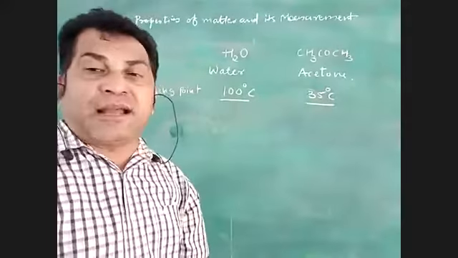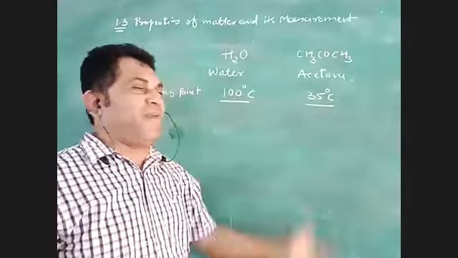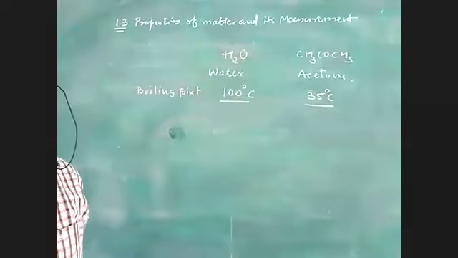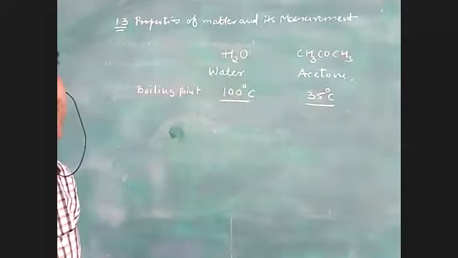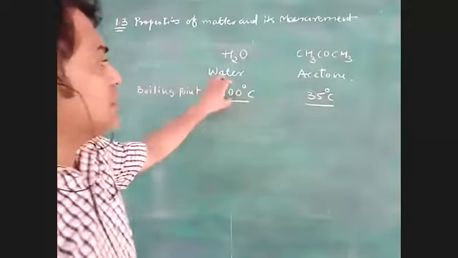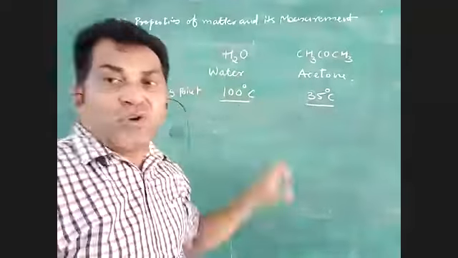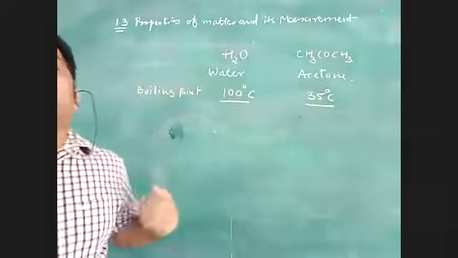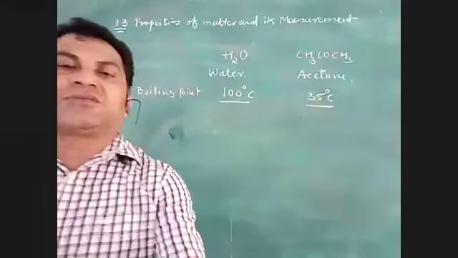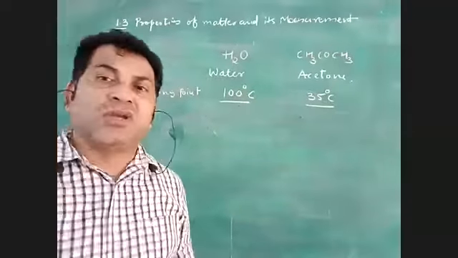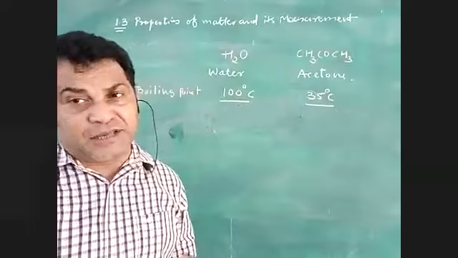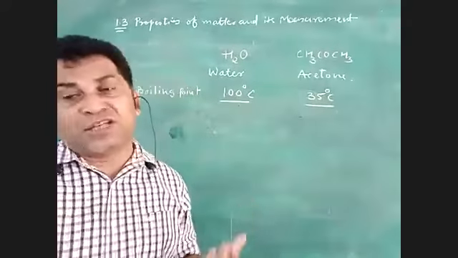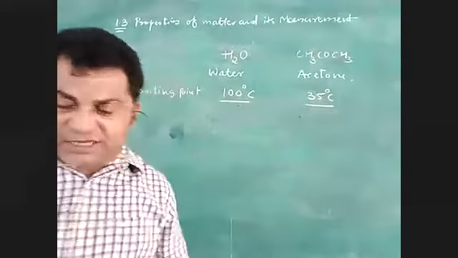If the atmospheric temperature becomes 35 degrees only, all the acetone will be vaporized. So immediately when this measurement is written, you will get the idea. Until this measurement is written, you do not get an idea. So this will be your portion, this will be your understanding.